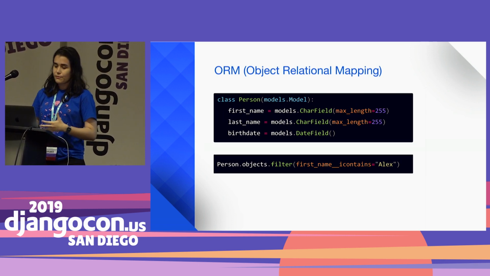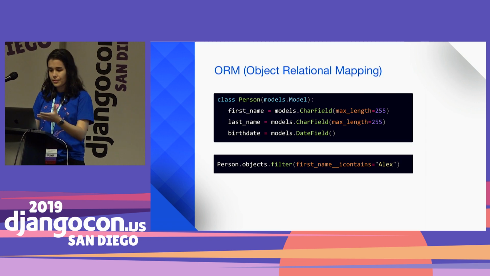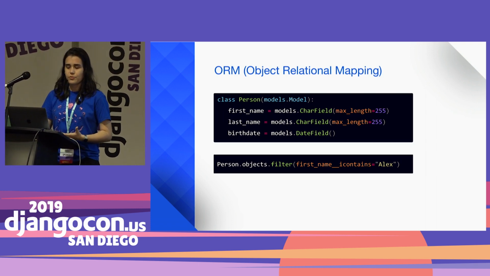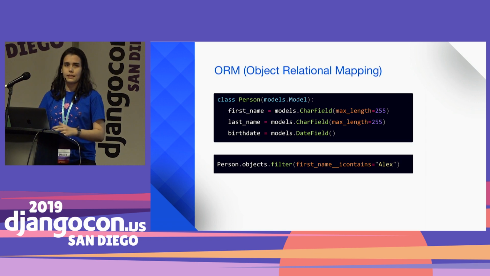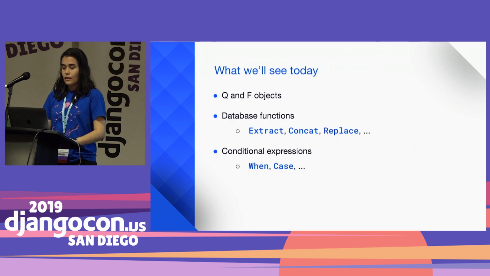And it has lots of useful things that we can use to search for something in our database. For example, we have filter, which we're going to be using a lot today. And as I said, it has lots of abstractions to help us get our data much more easily than writing pure SQL.